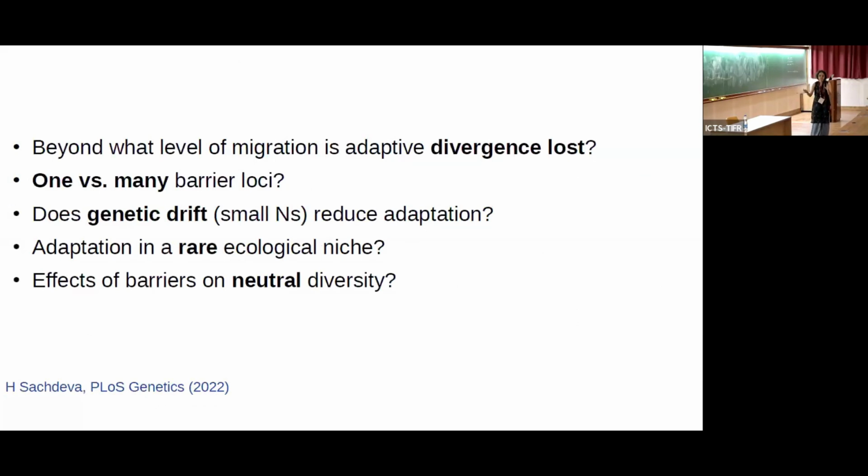So within this simple model, I want to ask a few questions. First is, beyond what level of migration is adaptive divergence lost? And for the mainland island model, as I said, there's a simple criterion.